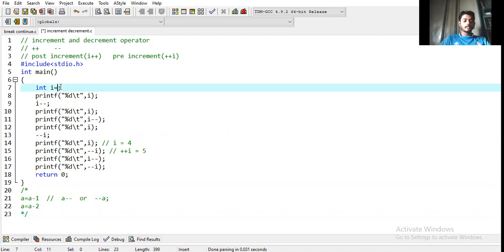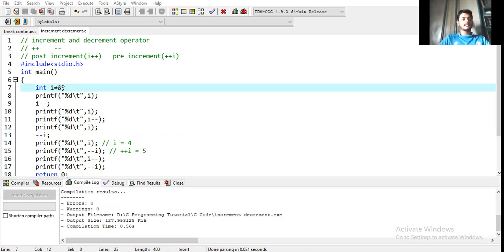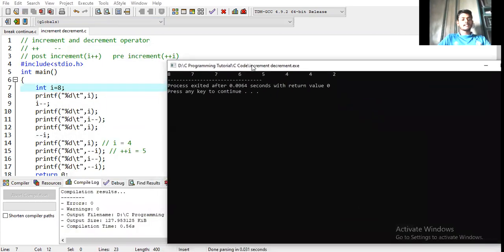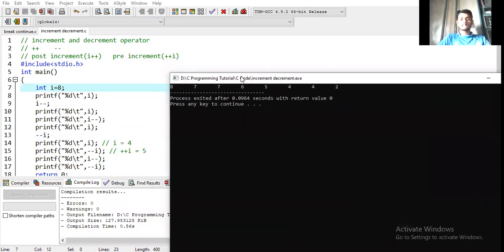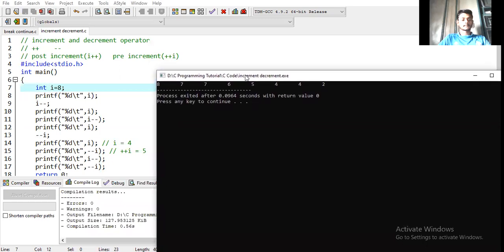So let I equal to 8. Now printing the value. So you can see here this I, that is 8, is printed here.